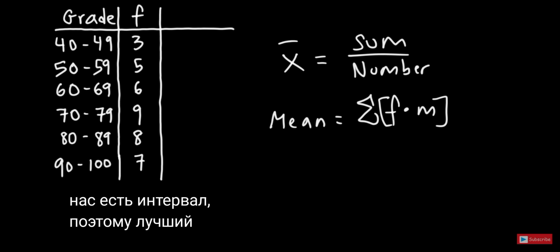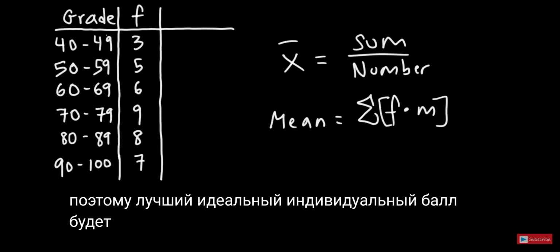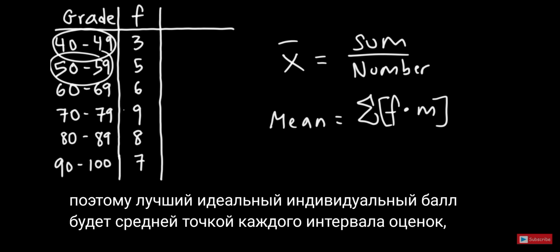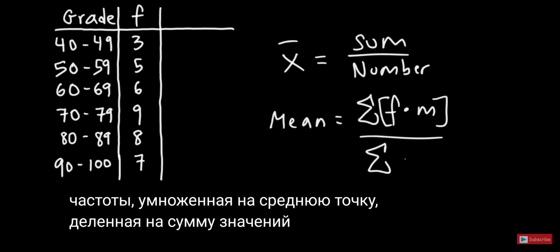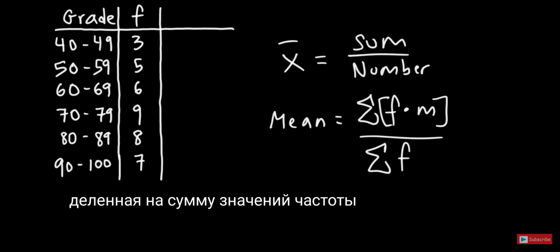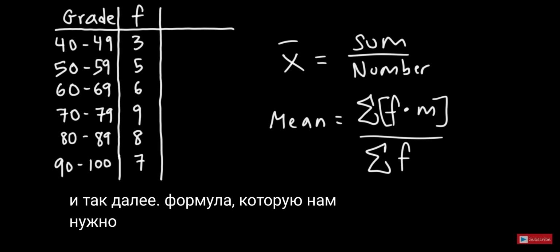So the best ideal individual score would be the midpoint of each grade interval. So it's going to be the sum of the frequency times the midpoint divided by the sum of the frequency values. And so that's the formula that we need to use in order to calculate the mean. So let's take this one step at a time. Let's calculate the midpoint values first.